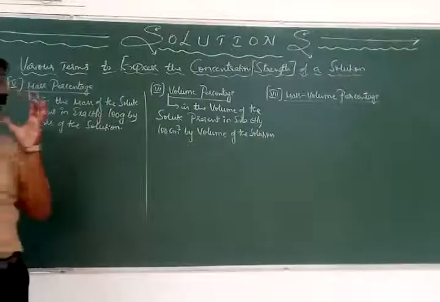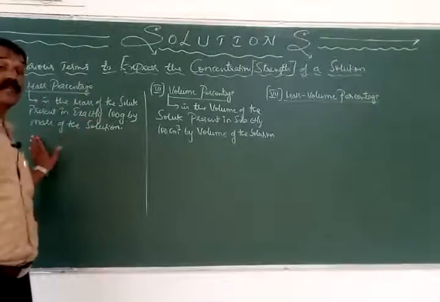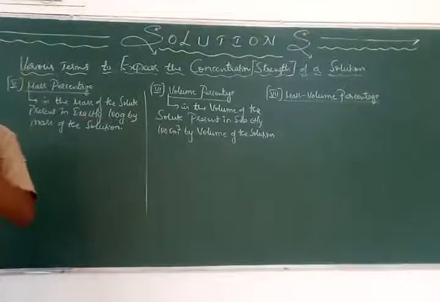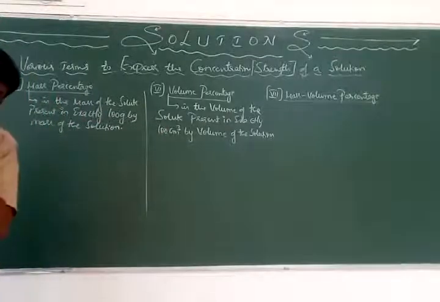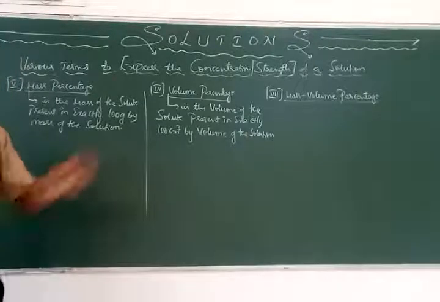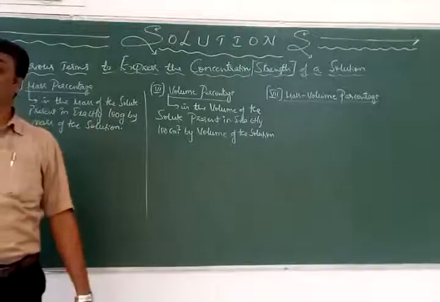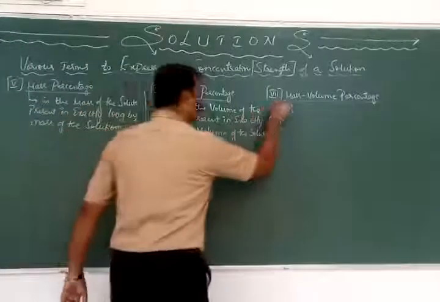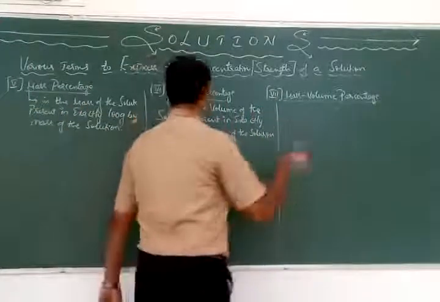Means we are taking 100 cm cube. Here we have taken 100 grams of the solution; there we are taking 100 cm cube of the solution. In 100 cm cube of the solution, what is the volume of that particular substance called solute? And that is called what percentage? Volume percentage. And lastly, we will have the third one in the form of mass volume percentage.